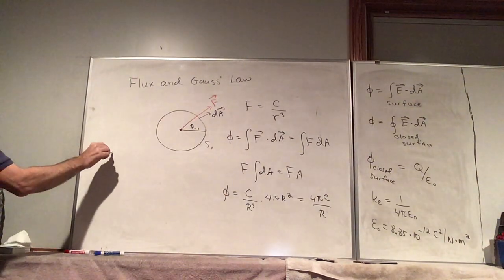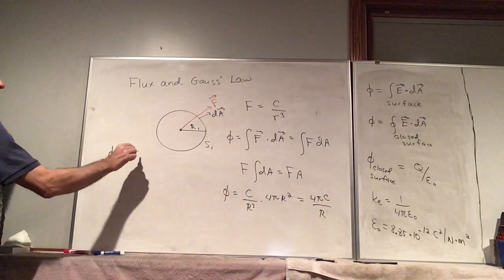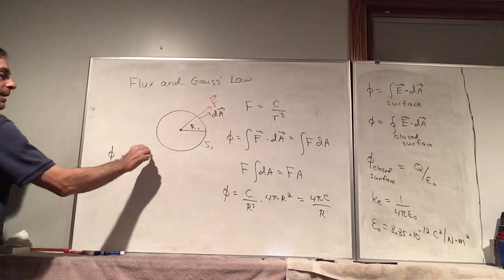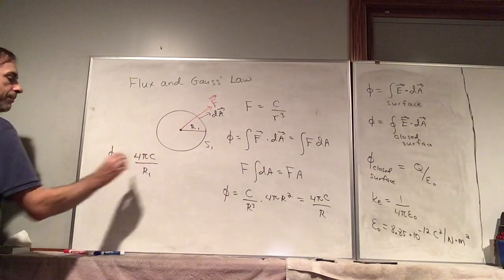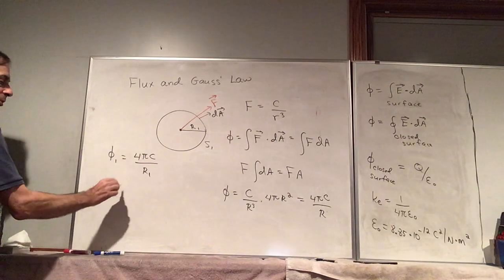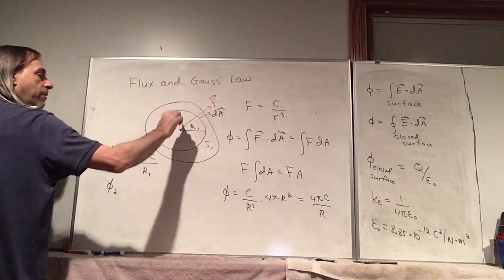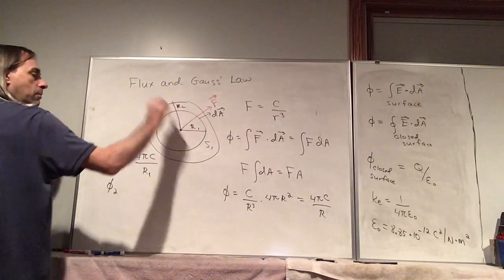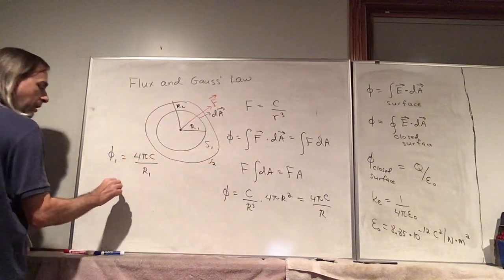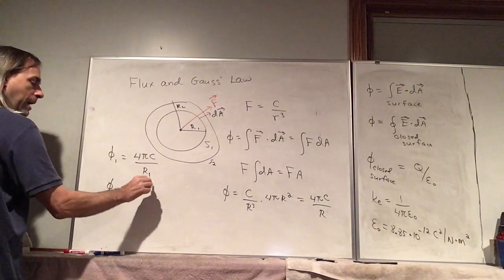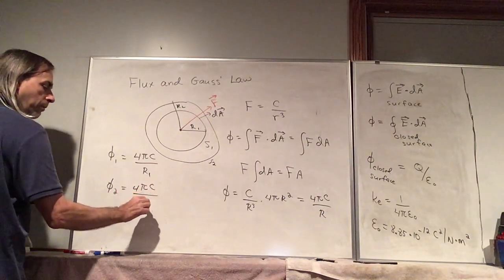So the flux through surface 1 is going to be 4 pi C over R1. And the flux through surface 2, if we draw a spherical surface with a radius R2, call that S2, that's going to be 4 pi C over R2.